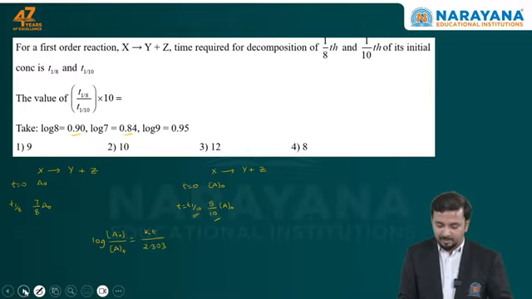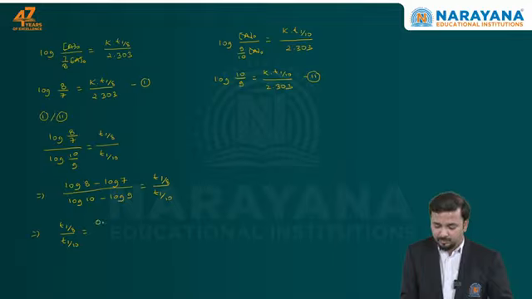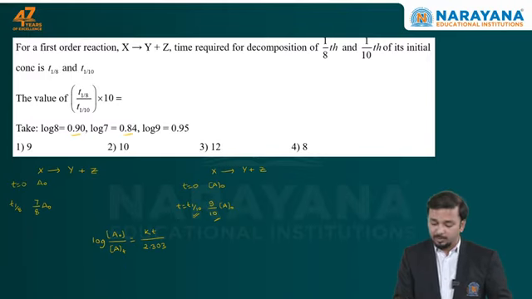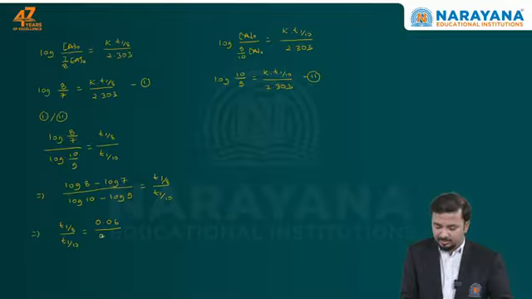So log 8 minus log 7 will be 0.90 minus 0.84, that is 0.06, upon log 10, which we know is 1, log 9 given is 0.95, so I can write this as 0.05. On simplifying, this will become 6 by 5.